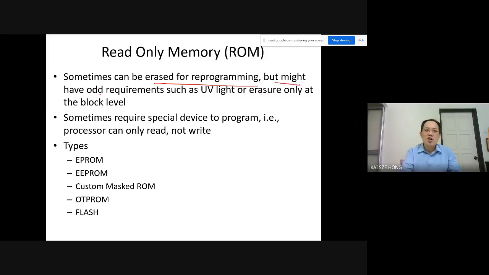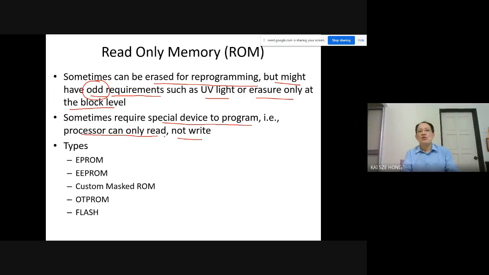But these have odd requirements, such as UV light or erasure only at the block level. So it is used only occasionally, not very frequently. Sometimes it requires a special device to program. For example, the processor can only read, not write.